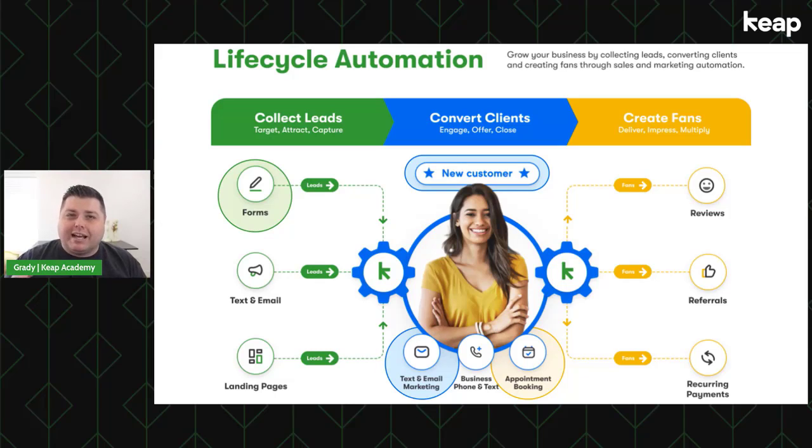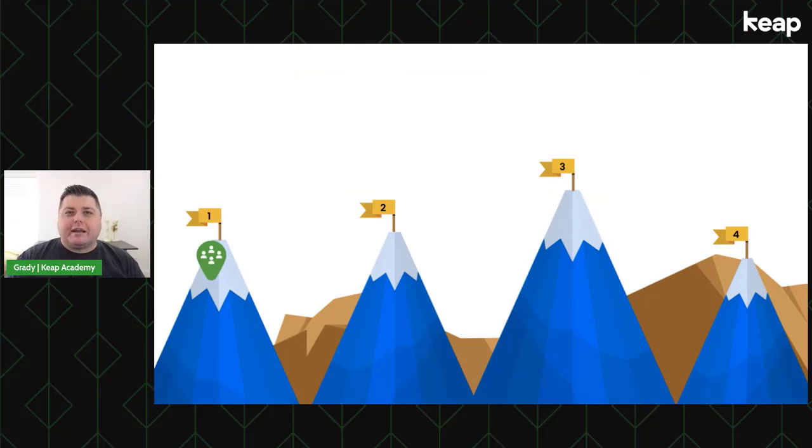Now, we'll be using some of the features inside of Keap to help us make that happen. That's how Keap really is the vehicle or the tool that will help you to realize all three of these areas of lifecycle automation. So let's talk about our peaks again, our mountains, our milestones, the areas that we want to get to. Yesterday, we did some prep work to get us ready for today's session.